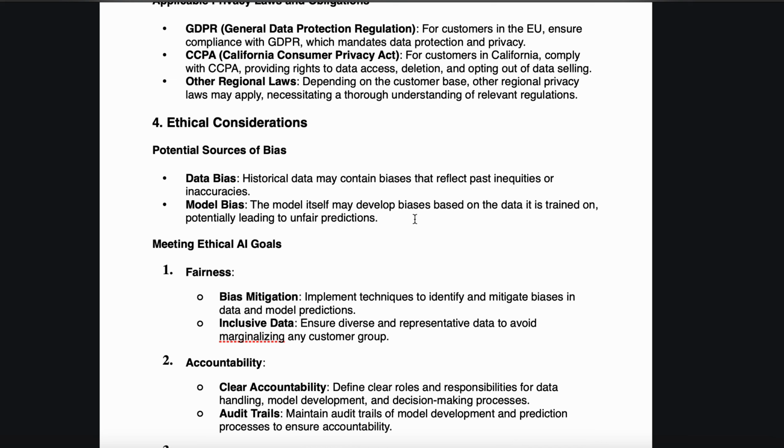If a certain data segment is taken which may not cover all the possible ways that financial transactions happen, then there may be a source of bias over there.